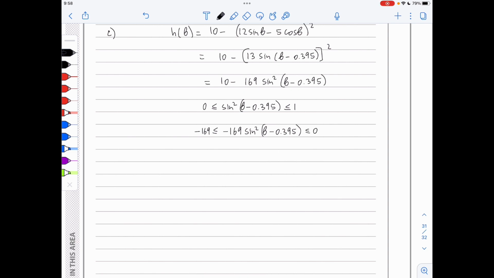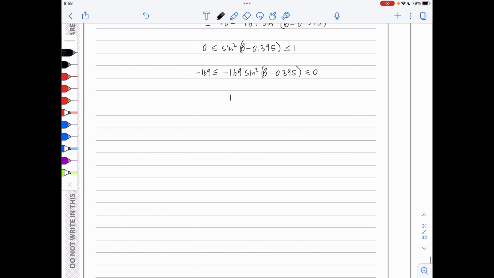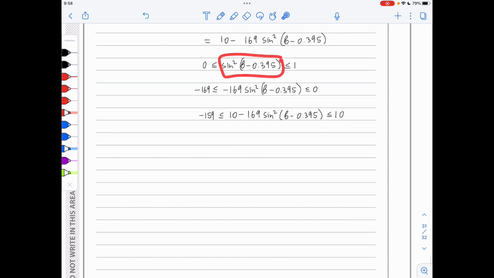I could then add 10, so 10 - 169 sin²(θ - 0.395) will be between 10 and -159. So what we did here was that we reconstructed h(θ) by starting from sine squared being between 0 and 1. So our final answer is that the range of h will be between -159 and 10.